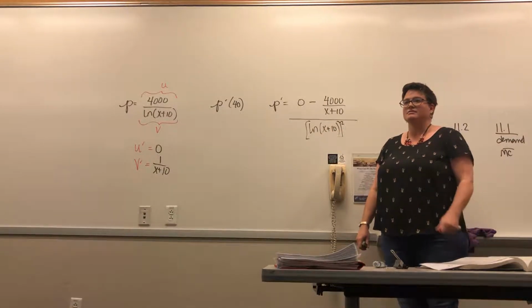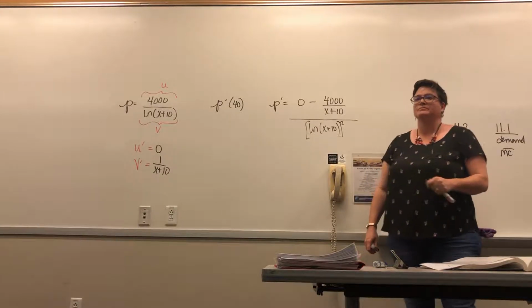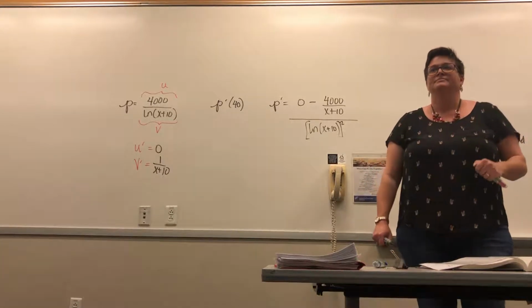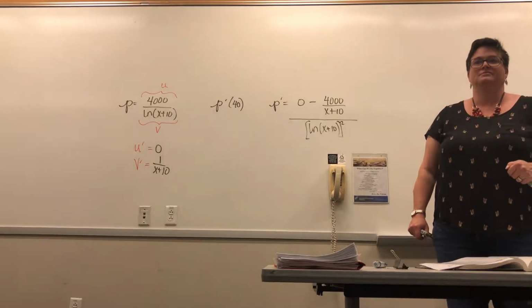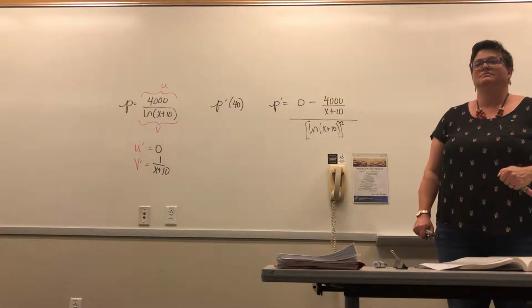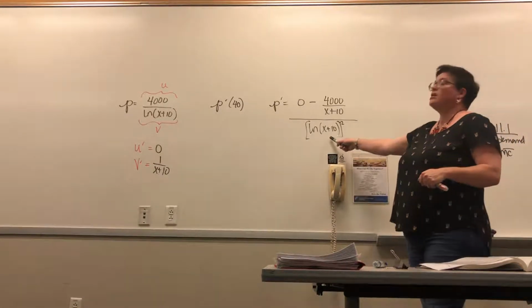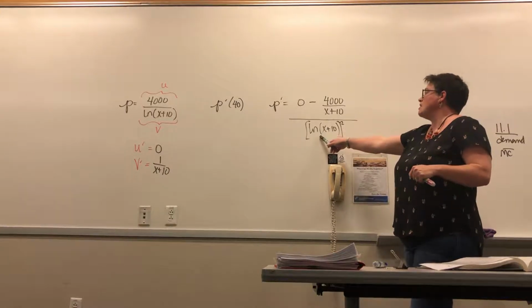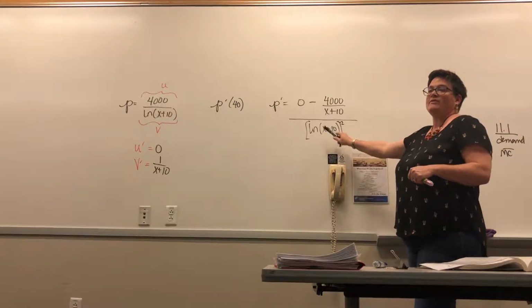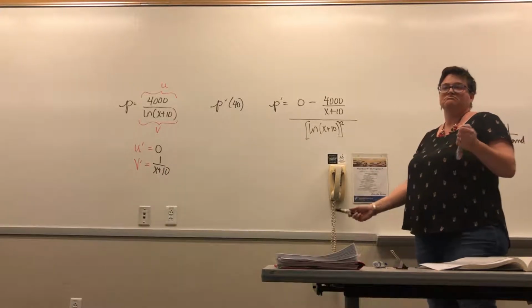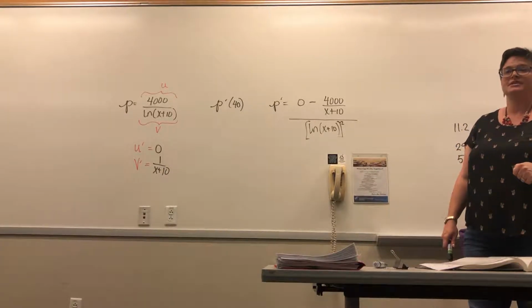Don't overthink it, guys. You don't need me for that. Once you do natural log of 50, whatever that answer is, you're gonna square that sucker. And then that's the rate of change. That's your rate of change.